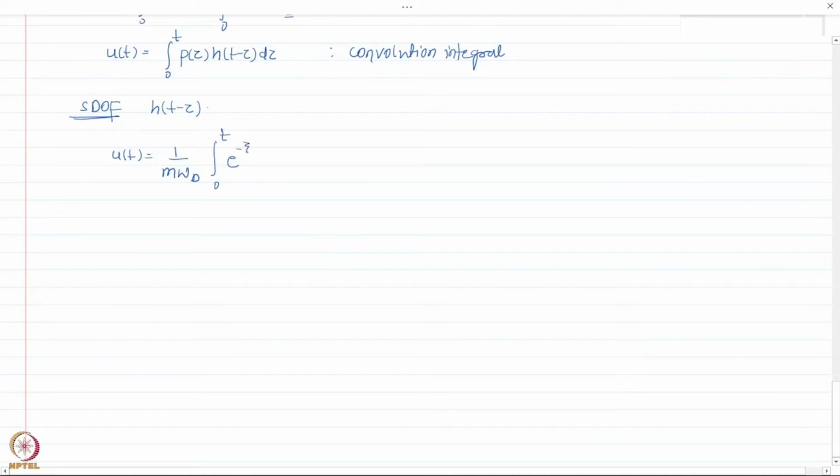I have p tau times e to the power minus zeta omega n (t minus tau), times sine omega d (t minus tau) d tau, integrated from 0 to t to get the analytical expression for u(t).